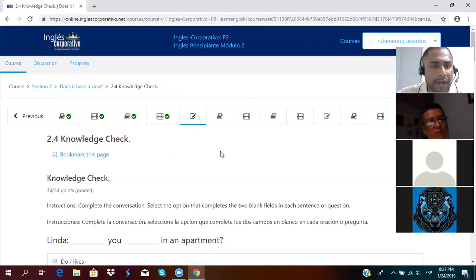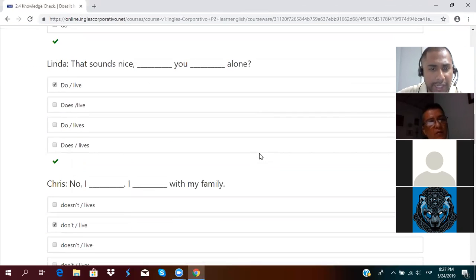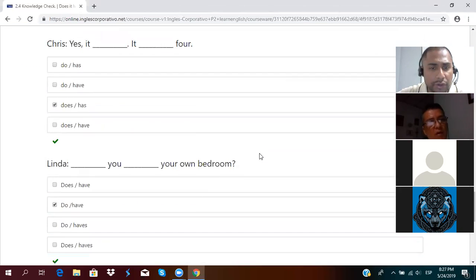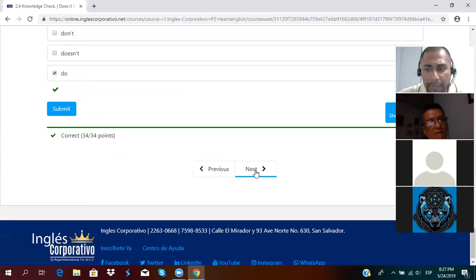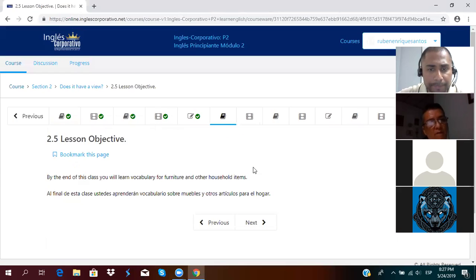All right, now we're going to move on to the next section, which is going to be on the platform. 2.5 lesson objectives. By the end of this class, you will learn vocabulary for furniture and other household items. Al final de esta clase, ustedes aprenderán vocabulario sobre muebles y otros artículos para el hogar.